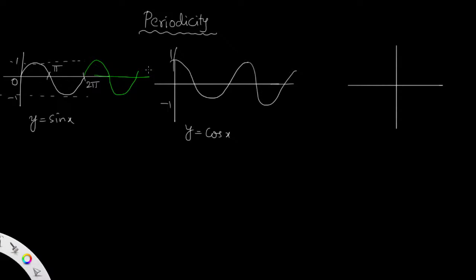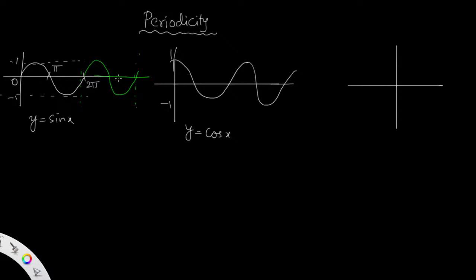sin x and cos x, which keeps repeating itself after some duration, the graph is always the same up to 2 pi, and afterwards, after 2 pi, the graph will repeat the same.